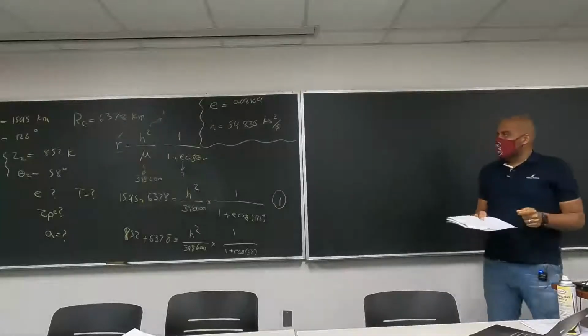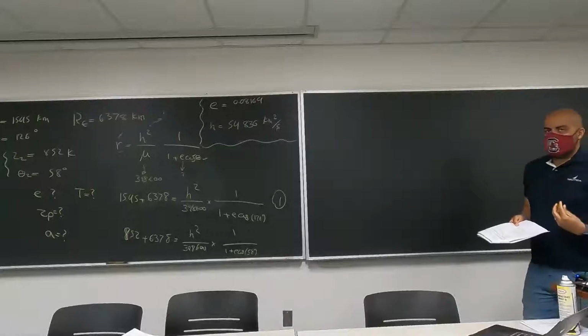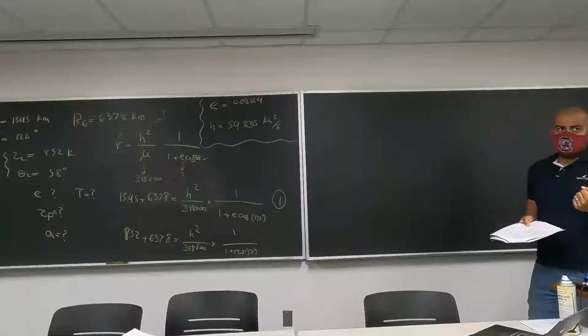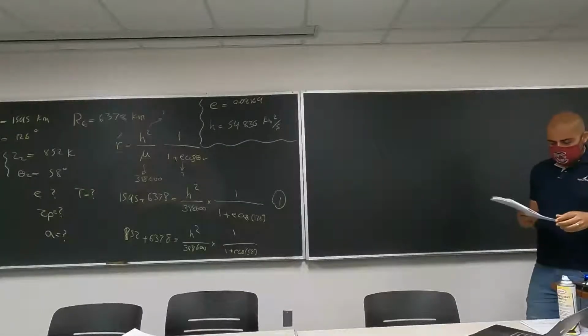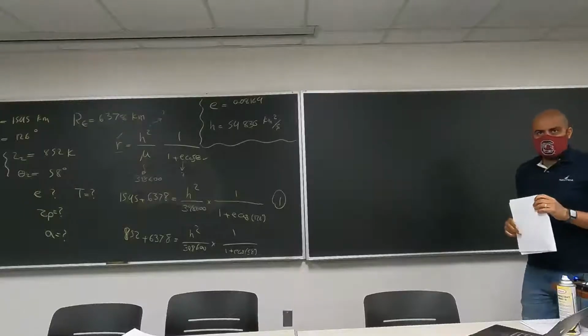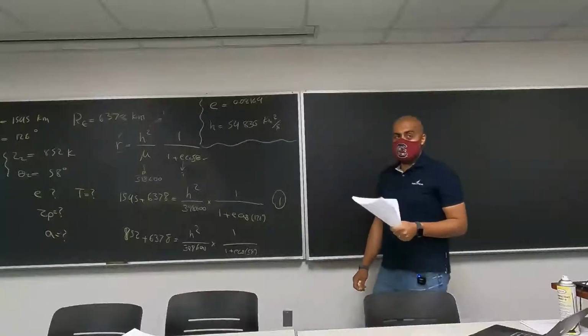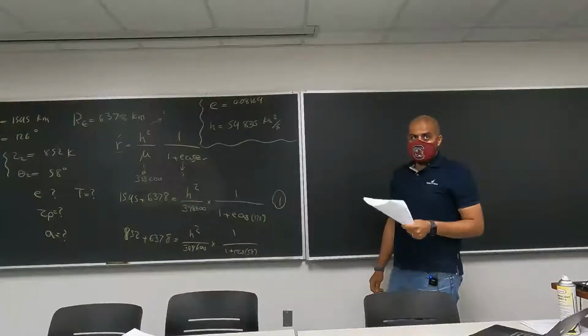So what else do we need to calculate? We have already calculated eccentricity. We want to calculate the altitude of the perigee, right? How can we calculate the altitude of the perigee? We first have to calculate the radius of the perigee, R of p.